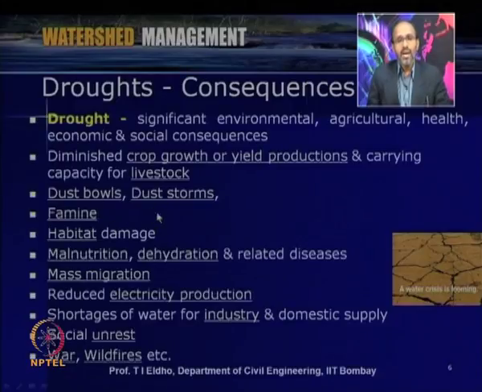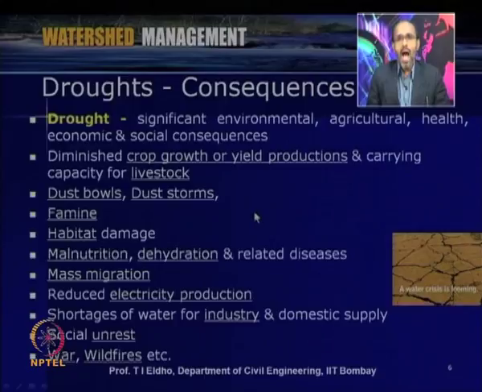And then if an area becomes drought prone, then habitat damage will take place, since water availability will be reduced, and then there will be related issues. Then as far as the health of the people is concerned, malnutrition, due to lack of availability of food and water, good quality water, then dehydration and related diseases.